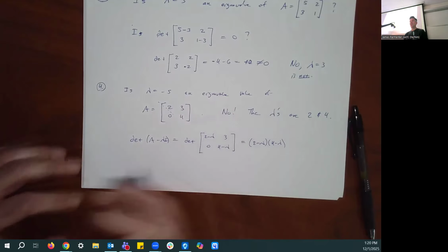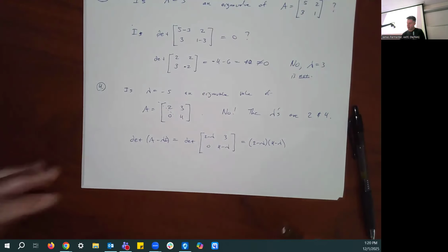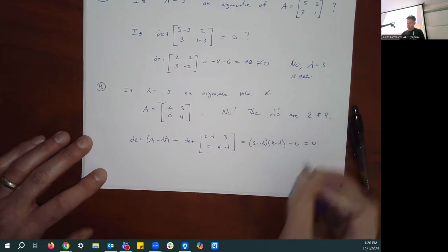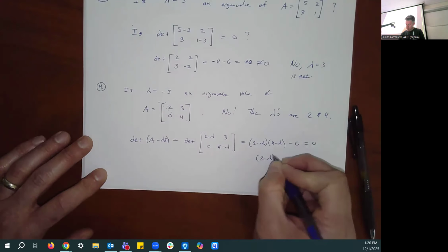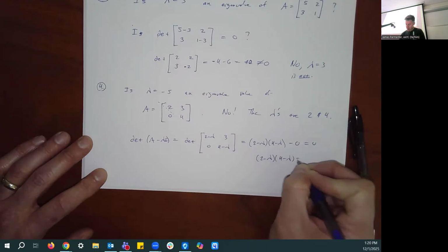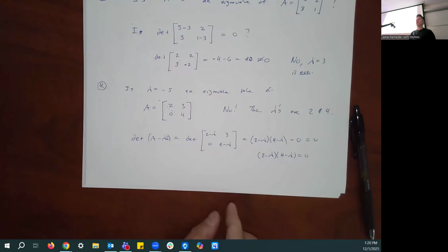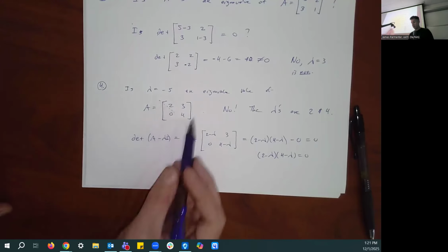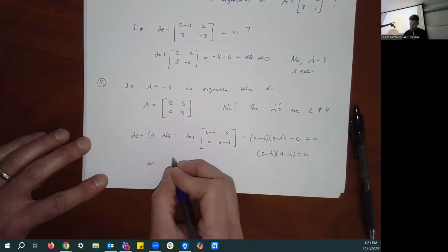Minus 0 doesn't change anything. So I'm not even going to write it. But really, what you should be writing is just 2 minus lambda times 4 minus lambda is 0. It's already factored for you. You already know what the eigenvalues are. They're 4 and 2.